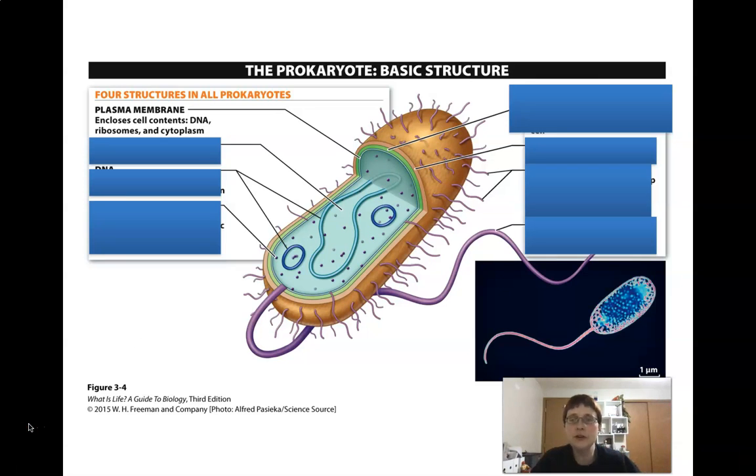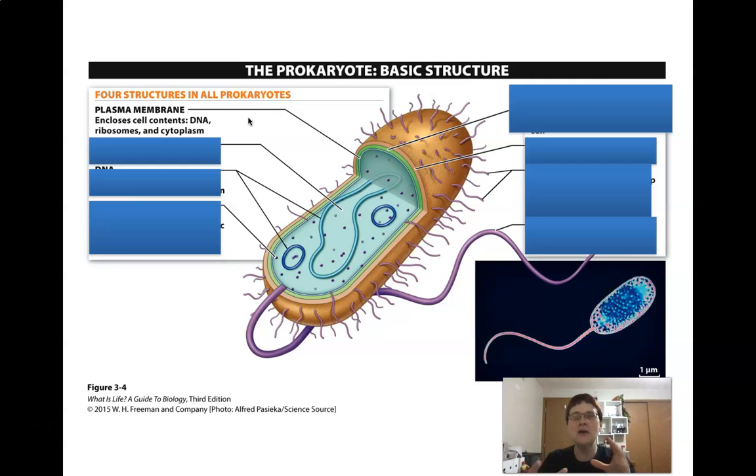Right, so the first structure on a prokaryote that all prokaryotes have is a plasma membrane. We'll actually see that this structure also is found in eukaryotes, so this isn't just unique to prokaryotes. And so plasma membrane in this picture, it's going to be the one that's closest to the inside. And that makes sense because this is kind of like the wrapper.